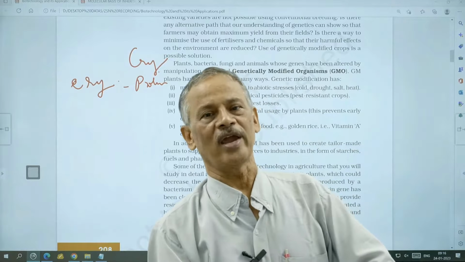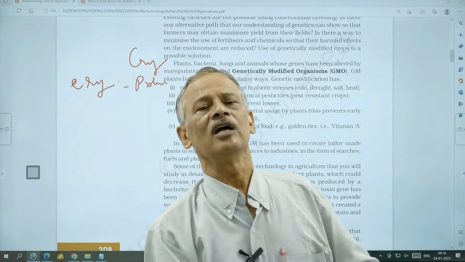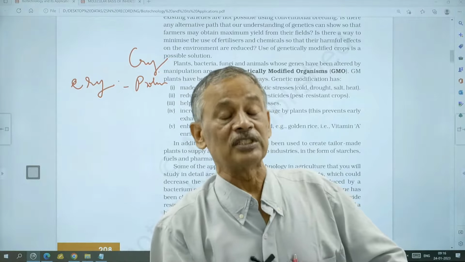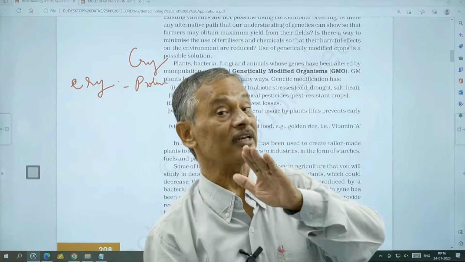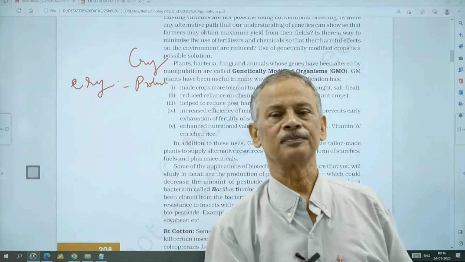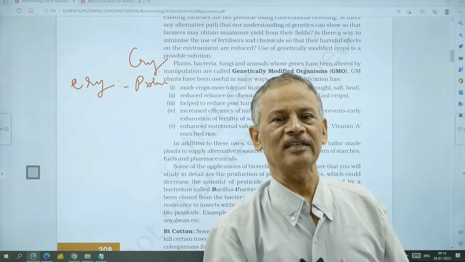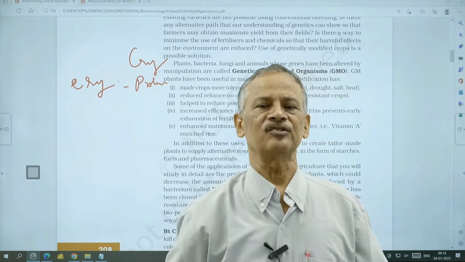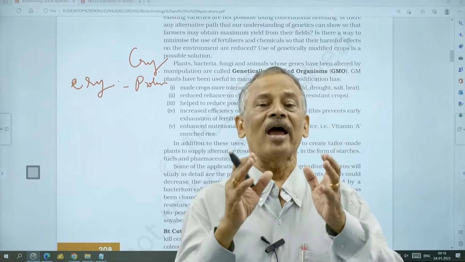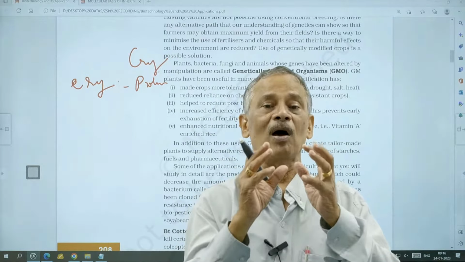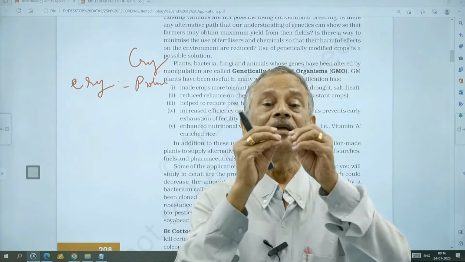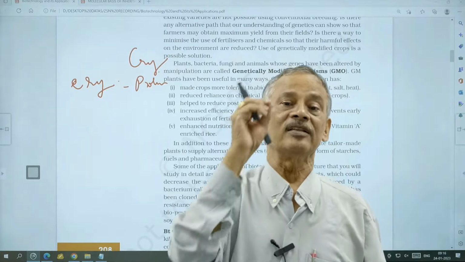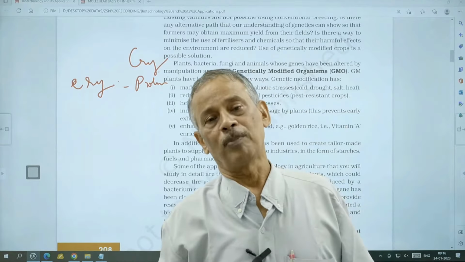We identified there are different types of cry proteins which are under the control of different types of cry genes. We isolated that cry gene from this bacteria and gave it to the plants so that the plants are themselves capable of producing the cry crystals in their body parts.